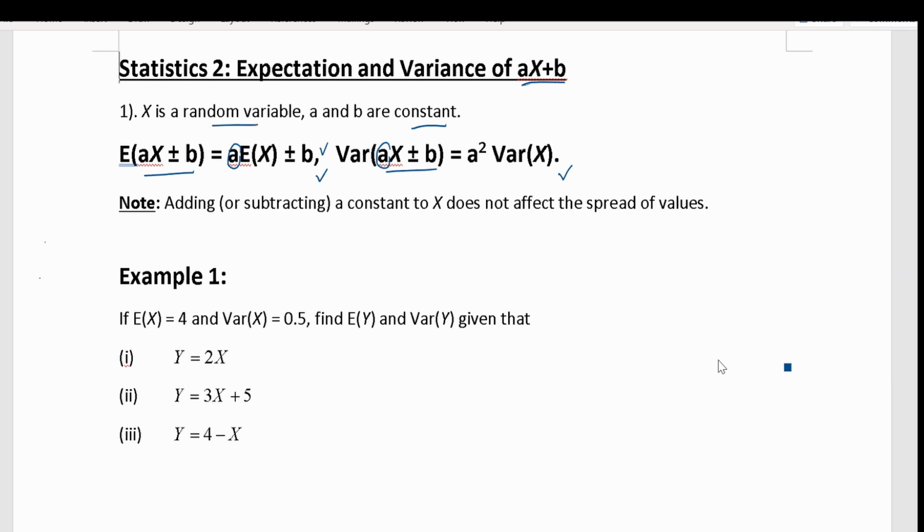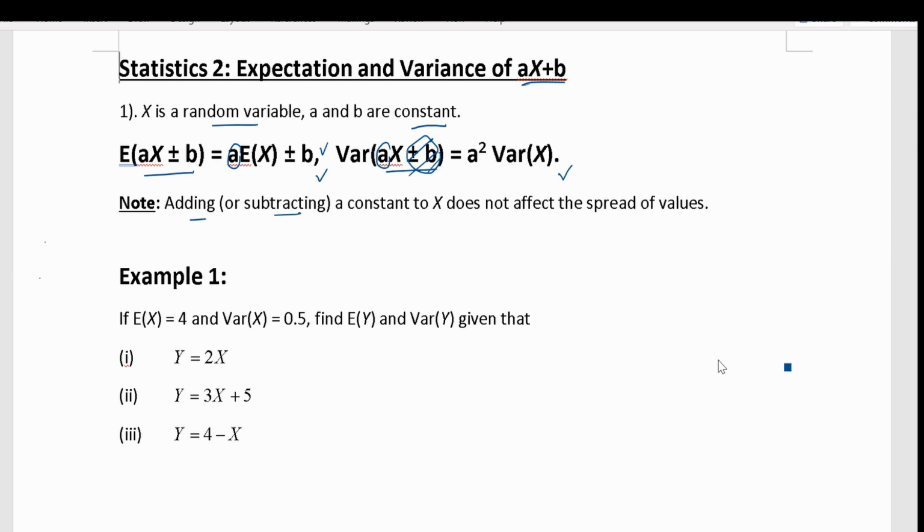Note: adding or subtracting a constant to X does not affect the spread of values. Since the variance is talking about the spread, it is not affected by adding or subtracting a constant. So that is why we can just ignore the plus and minus b.